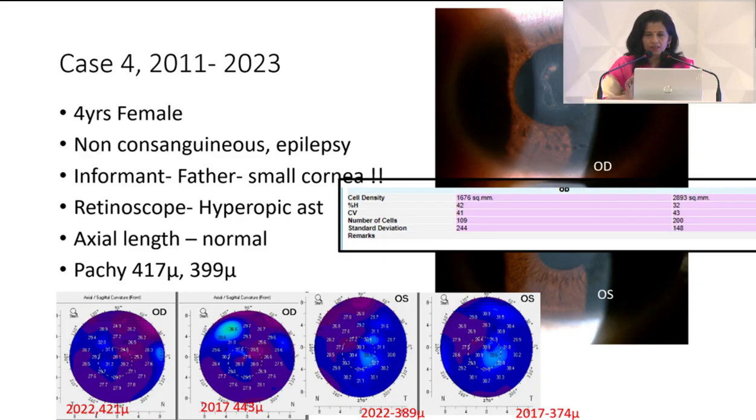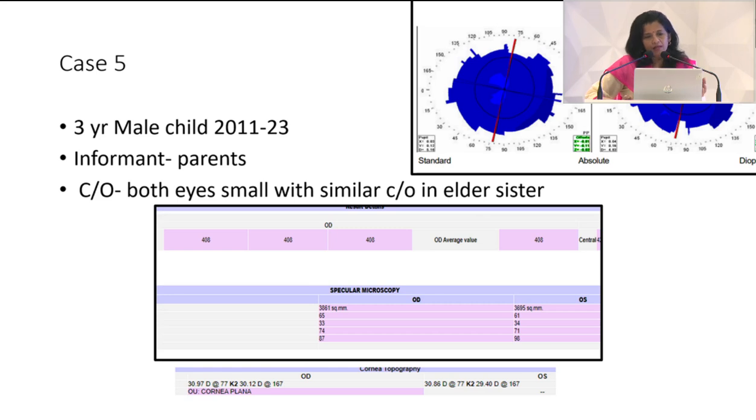Now, if you see the specular in these children, the numbers are not very different, but the coefficient of variation may be slightly higher. In case number 5, where there was a similar episode in both the sister and the brother, you will see this flat kind of cornea.